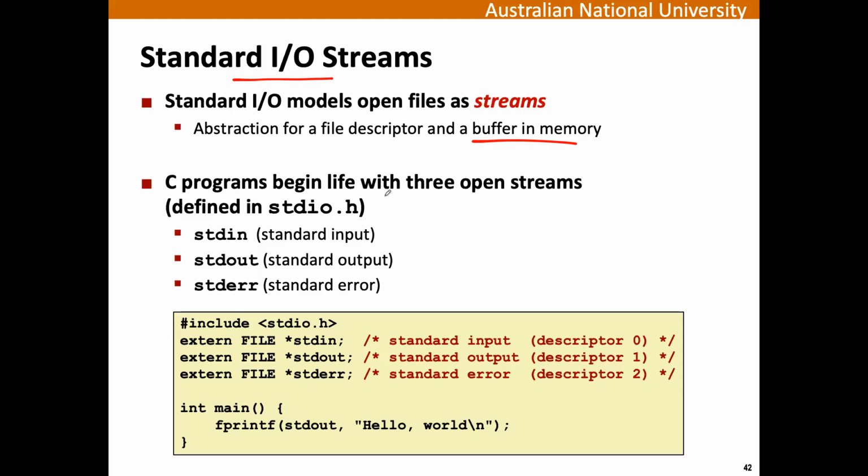So C programs, once again, have 3 descriptors associated with them after the fork system call. Similarly, they have 3 streams associated with them. And a stream is declared with the FILE keyword. So here we can create a new stream and then use fopen, fclose, and all those functions.